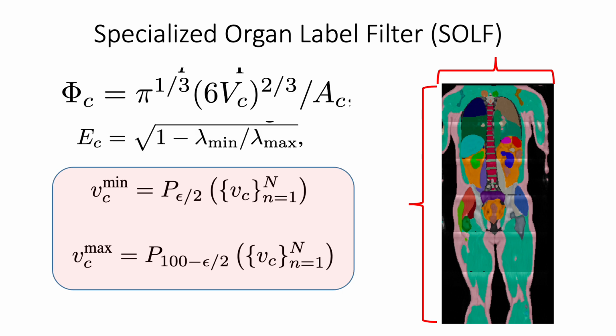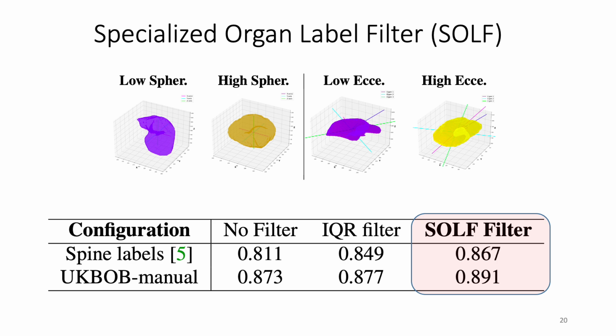In addition to the normalized volume, we also use the sphericity and eccentricity features of each organ class to statistically flag inaccurate labels. The combination of normalized volume, sphericity, and eccentricity statistical filters gives us the SOLF filter, or specialized organ label filter, which achieves the best precision in cleaning the collected labels.